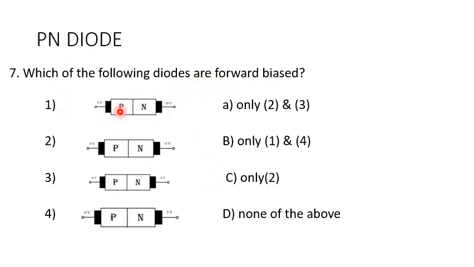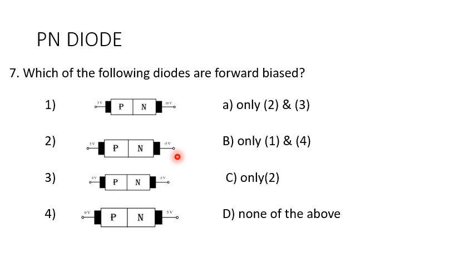Now here P is plus 5 and N is plus 10, because N is more positive than P, it is reverse biased, so this option is ruled out. Next, P is plus 5 volt and N is minus 5 volt, so it is perfectly forward biased.